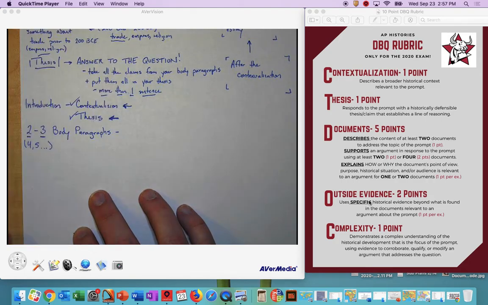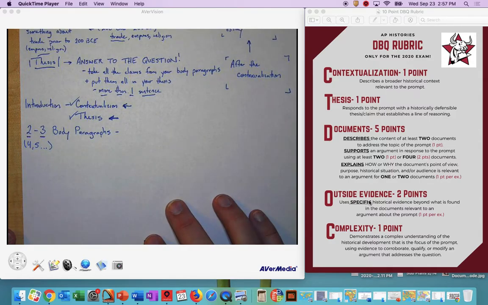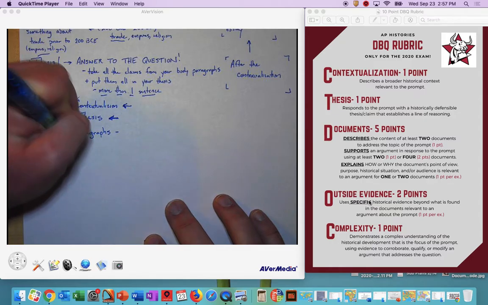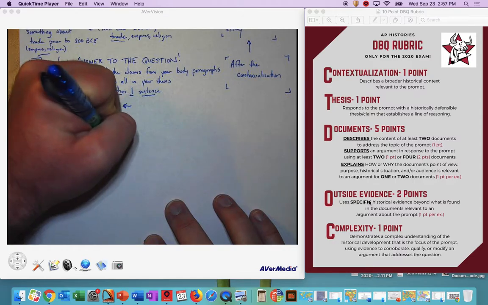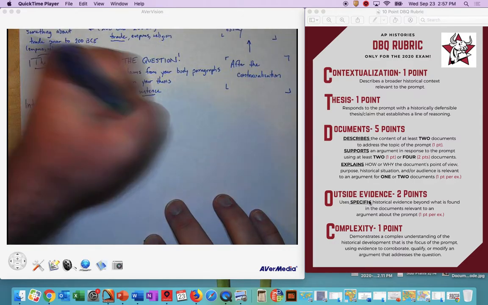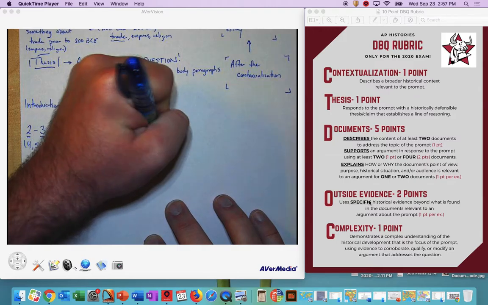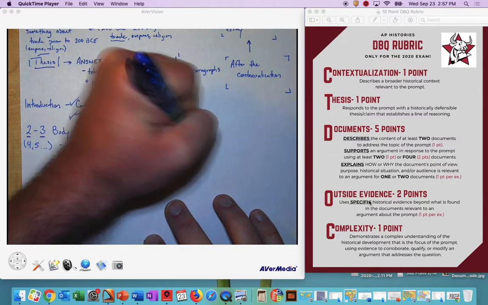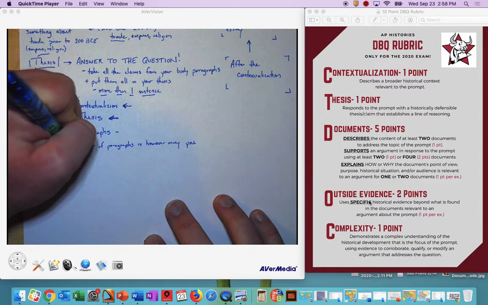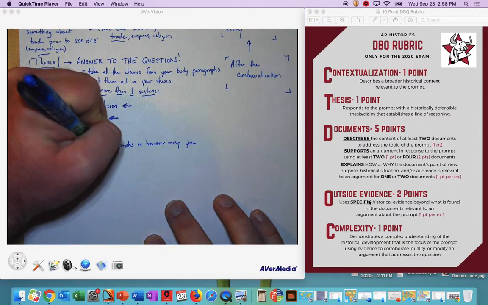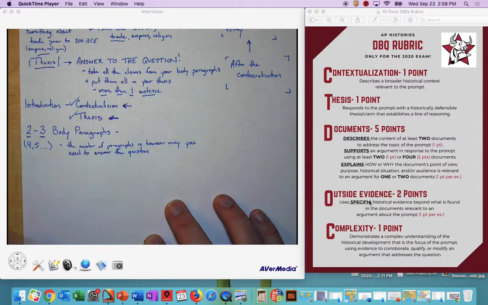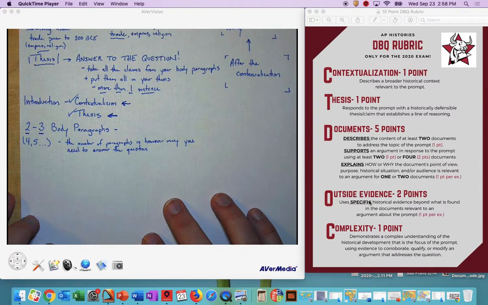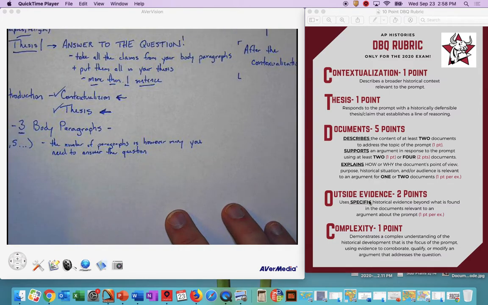When kids ask me how many body paragraphs do I need to have, or how many paragraphs go in an essay, my answer is the number of paragraphs is however many you need to answer the question.